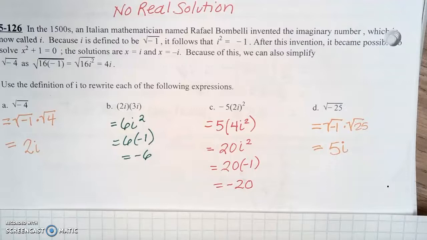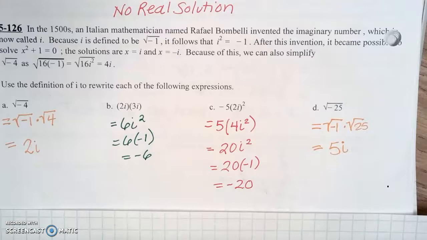So if you have i times i, you have i squared. But one of the other definitions that we also just saw was that i squared is equal to negative 1. So we're going to take 6, and multiply it times negative 1, and we get negative 6. That one simplifies to a real number.